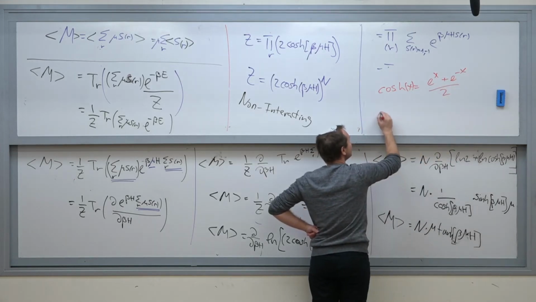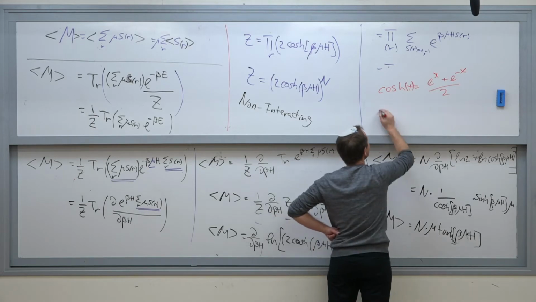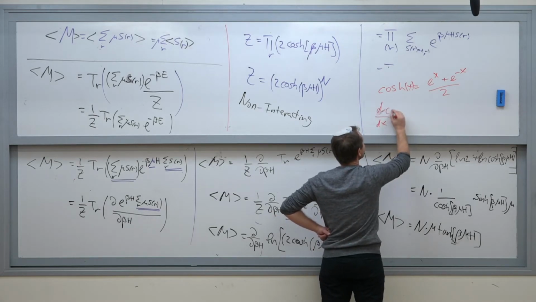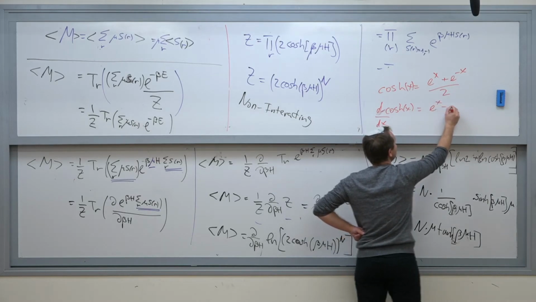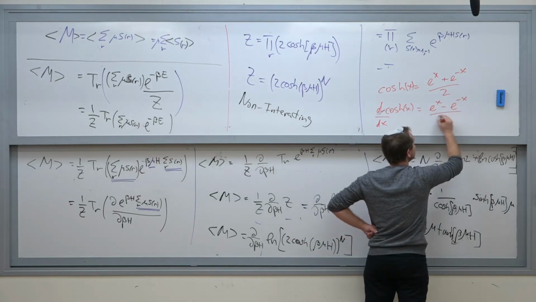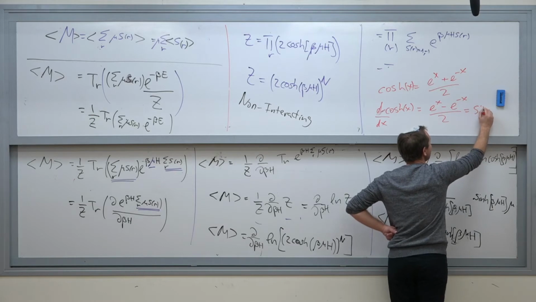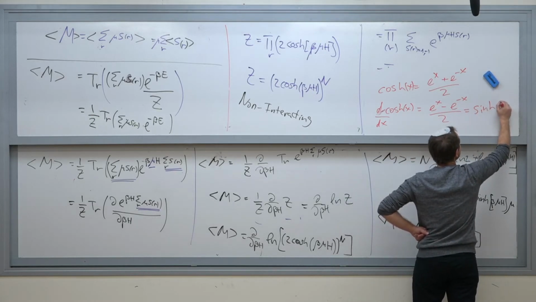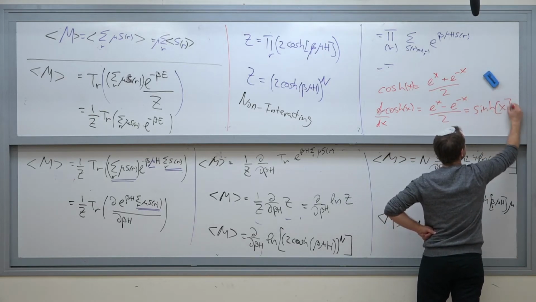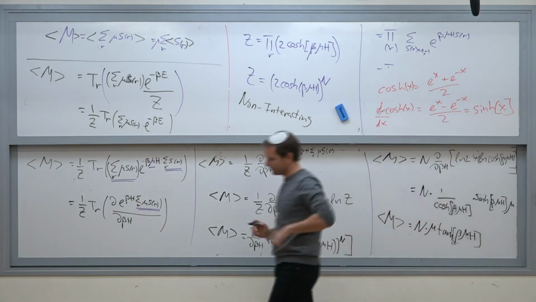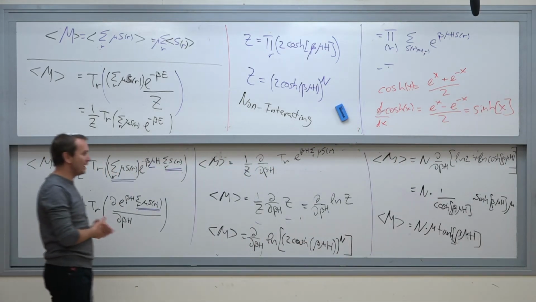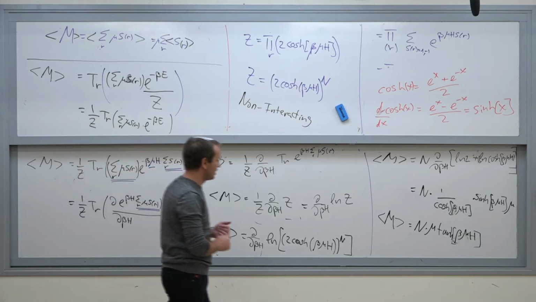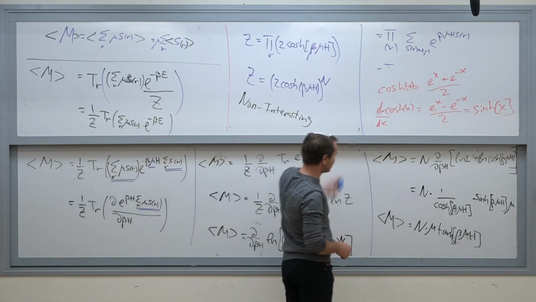When you take the derivative, d over dx of hyperbolic cosine of x is e to the x minus e to the minus x, divided by 2, and that's just the hyperbolic sine of x. Okay? So there is no minus sign over here.